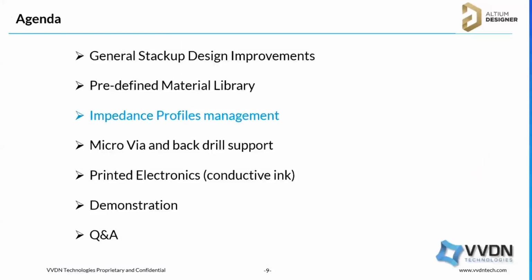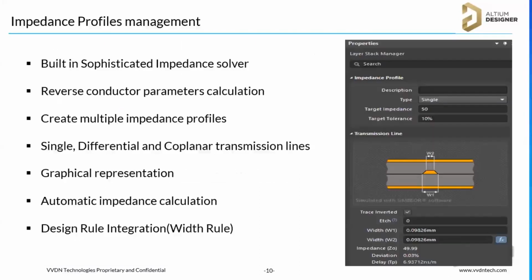So the next is impedance profile management. We have to follow the impedance for all the PCB designs. Even if you don't have any high speed, you should maintain a 50 ohm impedance, right? So in that case, instead of going to the fabricator and getting the response from the fabricator, you have to adjust the track width if you want to maintain the impedance for these signals.